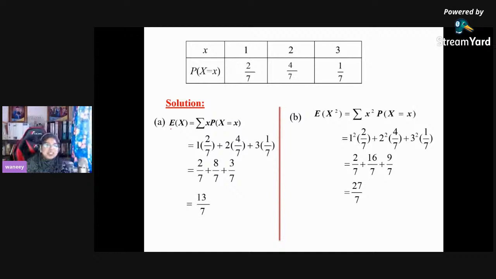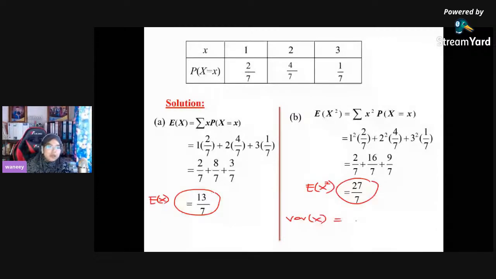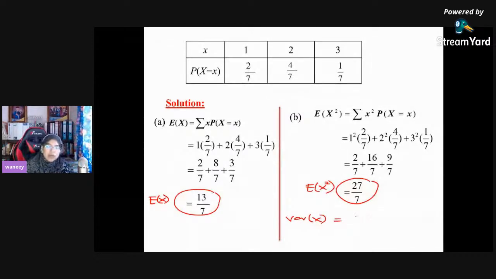Okay, so expectation of x, we have 13 over 7. Expectation of x square, 27 over 7. Okay, so now the question asks for variance of x. So what is the formula for variance of x? Variance of x is expectation of x square minus expectation of x everything square.